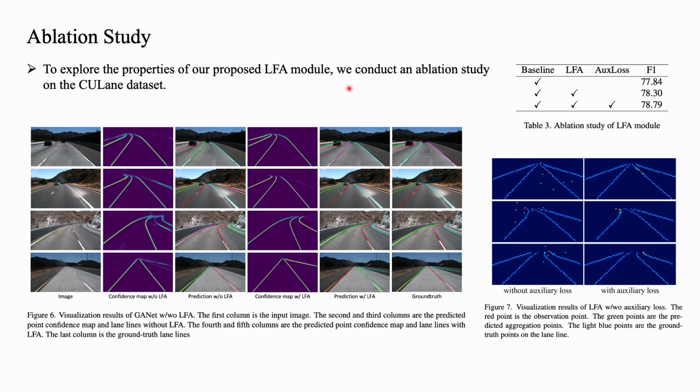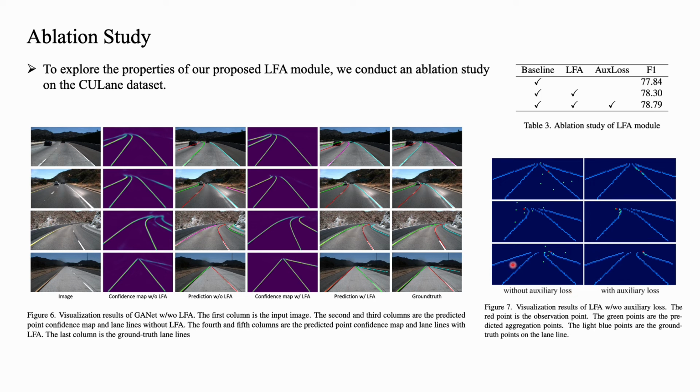We conduct an ablation study on the CULane dataset based on the small version of GNet. As shown in the first row, LFA makes correct prediction even with vehicle occlusion. From the second and third rows, LFA is able to suppress background noise, which may be introduced by global attention.